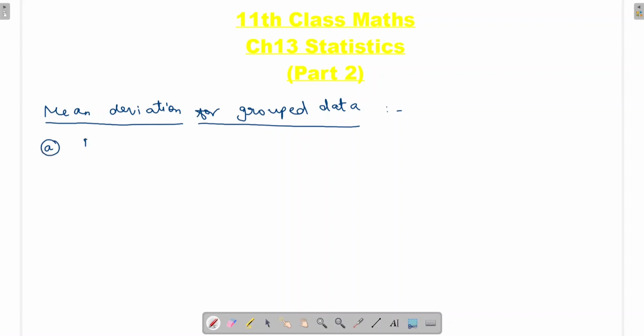So first we have the discrete frequency distribution, and second is the continuous frequency distribution.